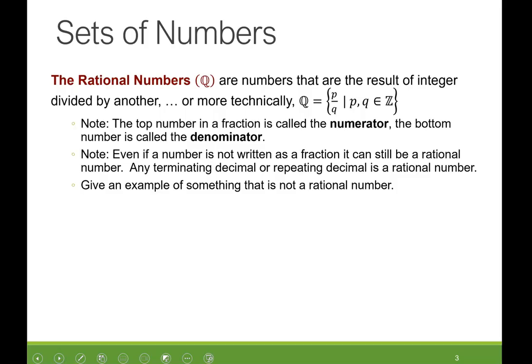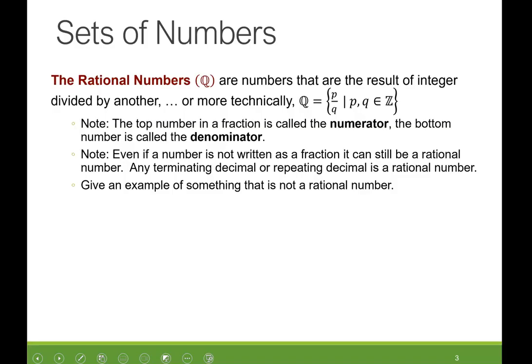Okay. Next set are the rational numbers. We use that letter Q to represent the rational numbers. The definition for our rational numbers is anything that can be written as the quotient of 2 integers, where the denominator is not 0. So like 1/3, rational number. But so are some decimals.